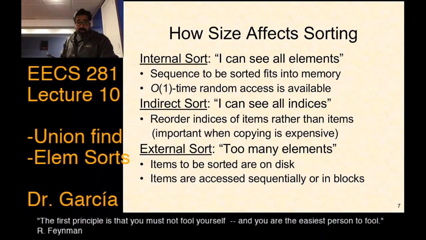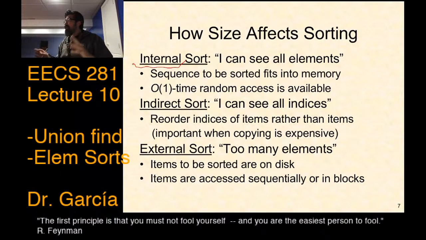All right, so before we dig in to the details of the algorithms, let's get over some nomenclature here. When we say internal sort, okay, it means that your sorting function, which implements an algorithm, can see all the elements, meaning all the elements fit in memory.